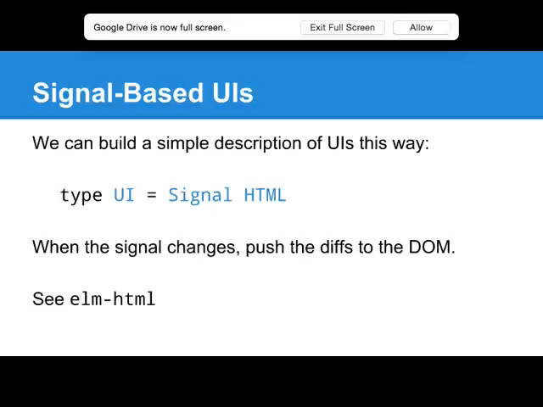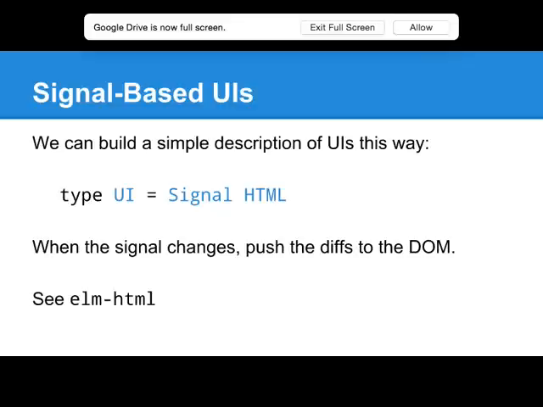Okay, so given that DSL, we can combine signals and the HTML data type in order to give us a description of user interfaces. So our first iteration of what a user interface might look like might be a signal of HTML elements, a signal of descriptions of HTML elements using this DSL.